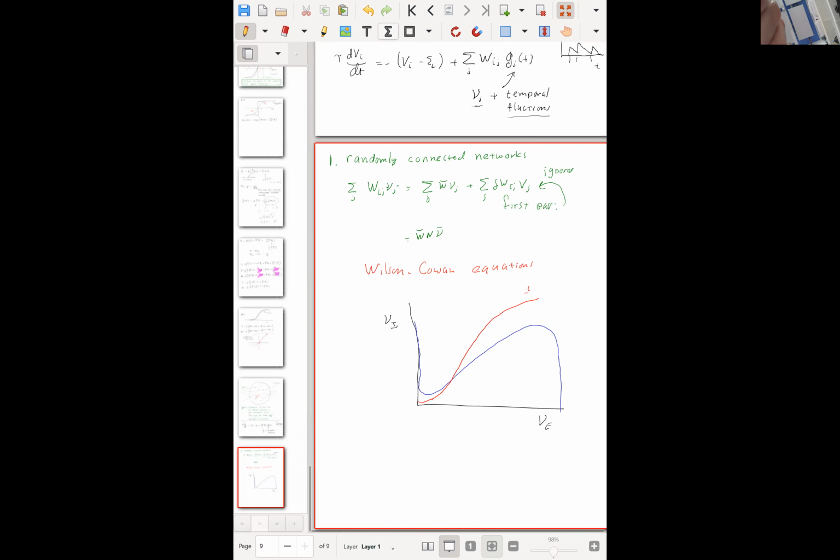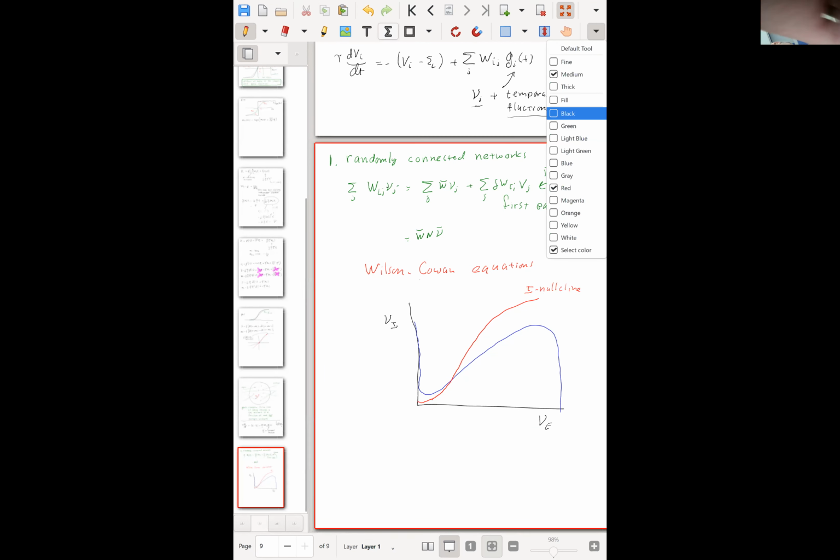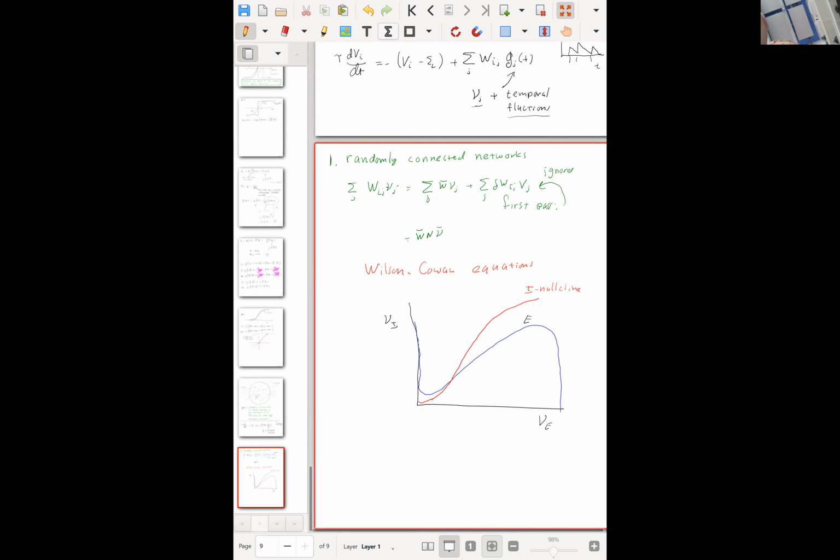This is the I nullcline, and this is the E nullcline. The arguments were non-trivial, but in the end this made sense.